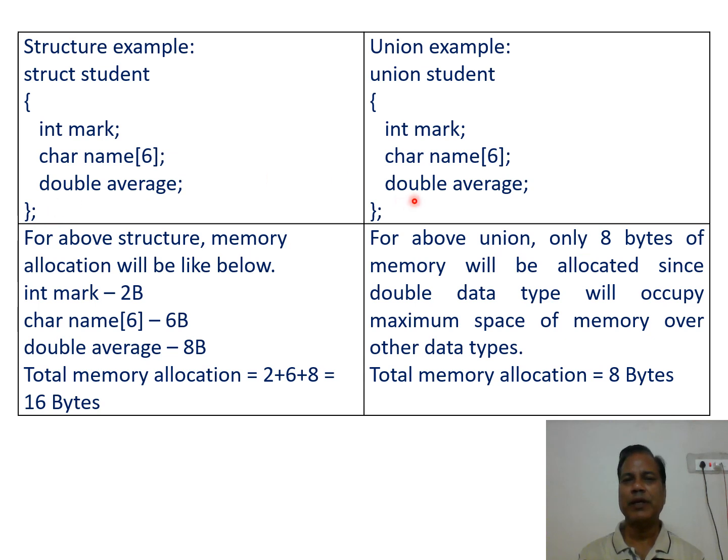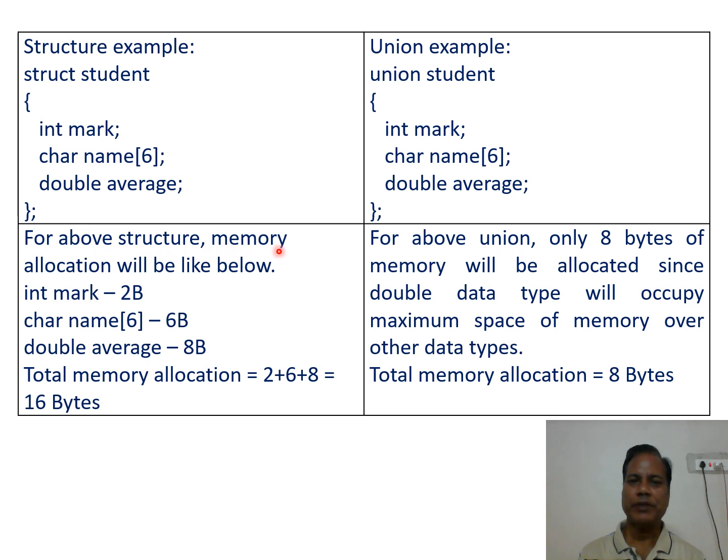In a similar way, we define the union. Instead of the struct keyword, the union keyword is used, and here again student is the tag name. So union student is created, and again three members are there: int marks, char name and double average.